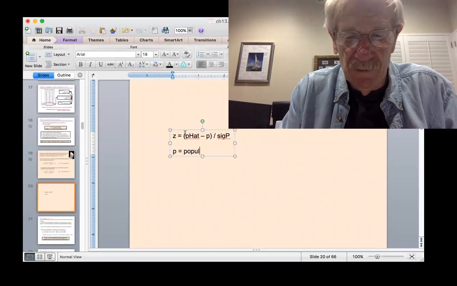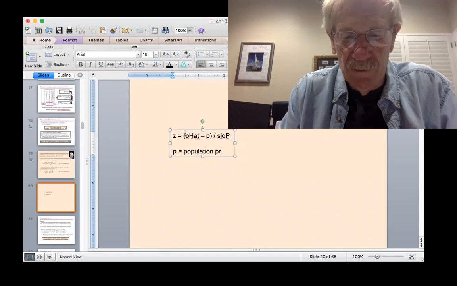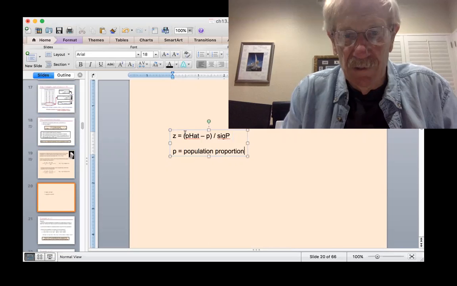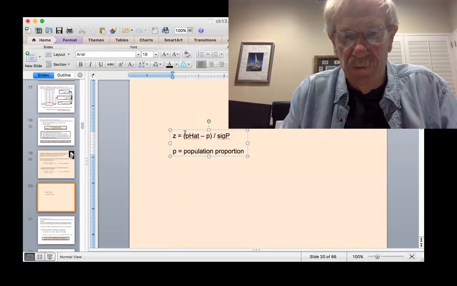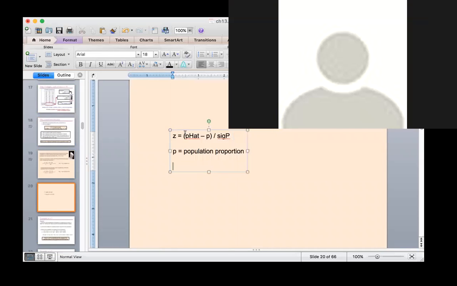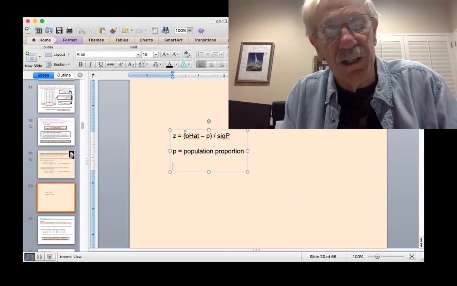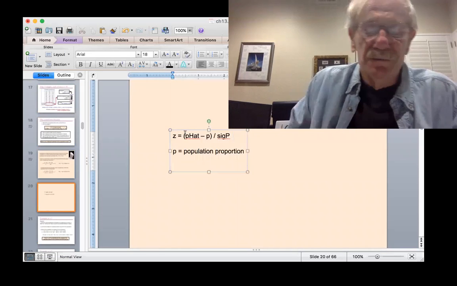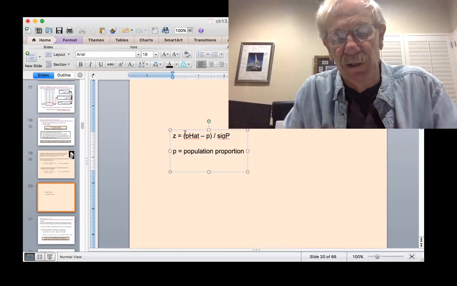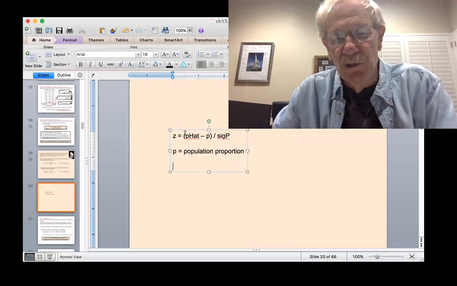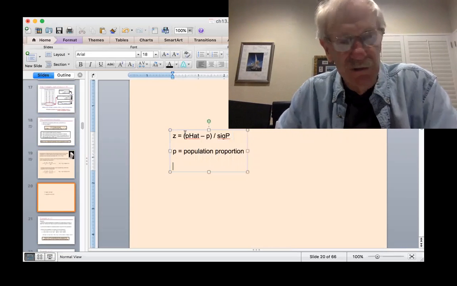So now we're just doing more with Z. That's why we studied the normal distribution, because that's all Z's, and Z pops up everywhere. The distribution is amazingly powerful.